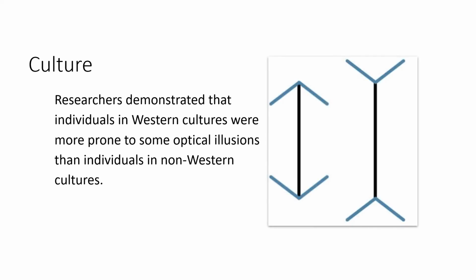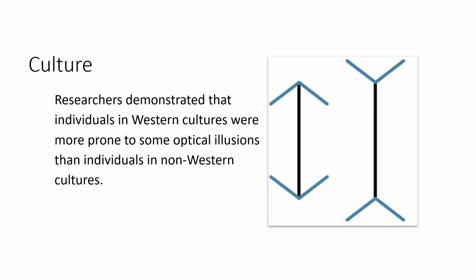Here's the Miller-Lyer illusion. So the shared experiences of people within a given cultural context, so within our culture or people who live in another culture, their shared experiences can have a very significant effect on perception.